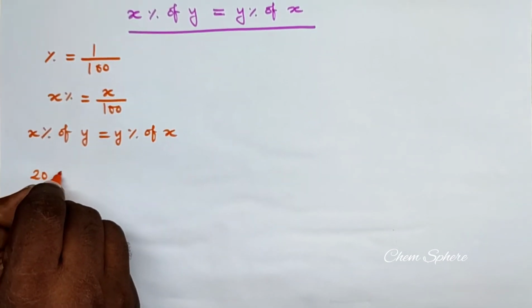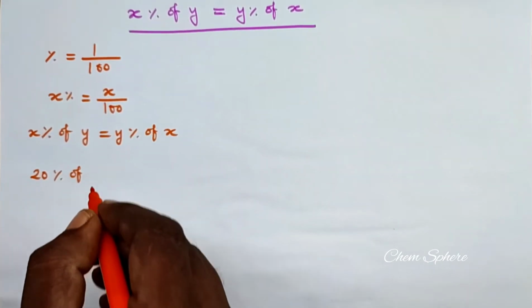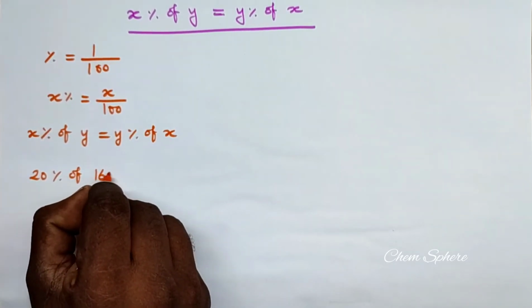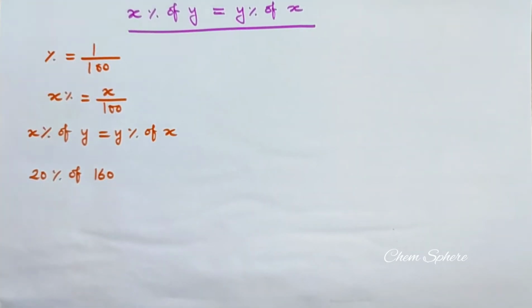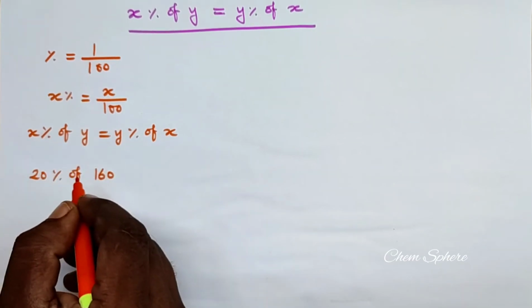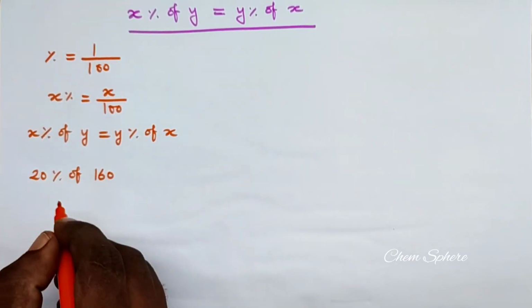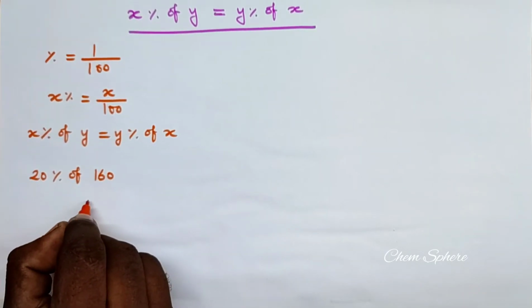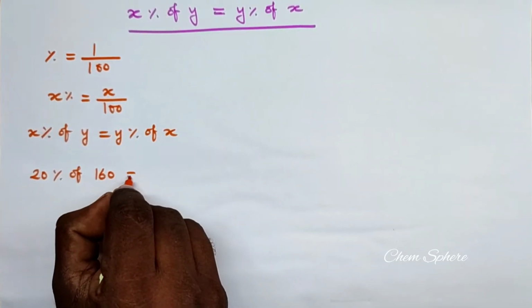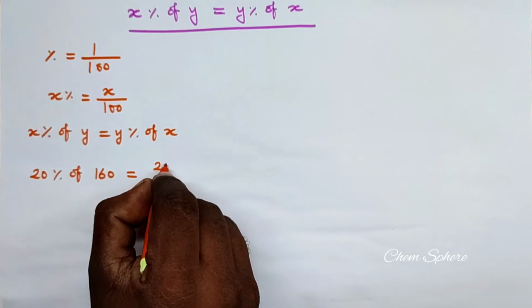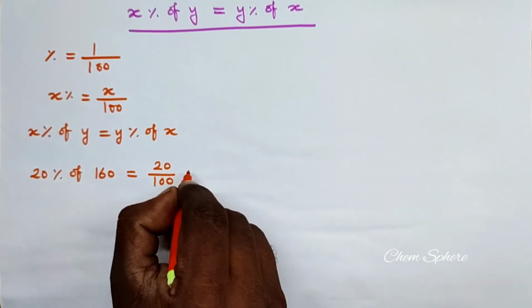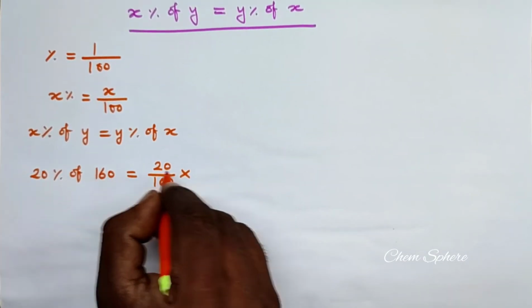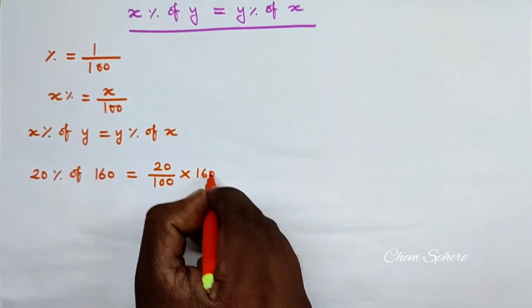Now 20 percentage of 160, how much? Simply we can multiply these both. That is 20 over 100, where "of" means multiply, 160.